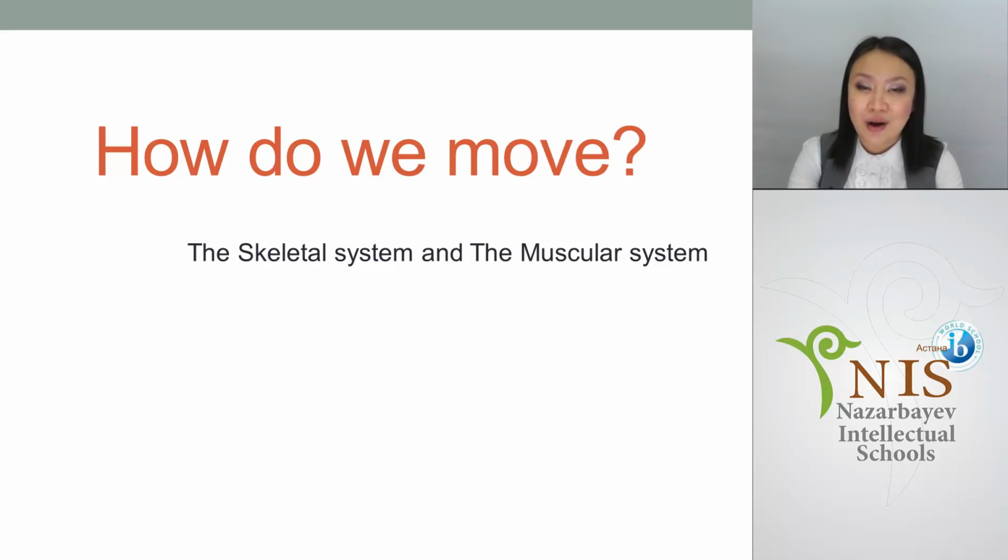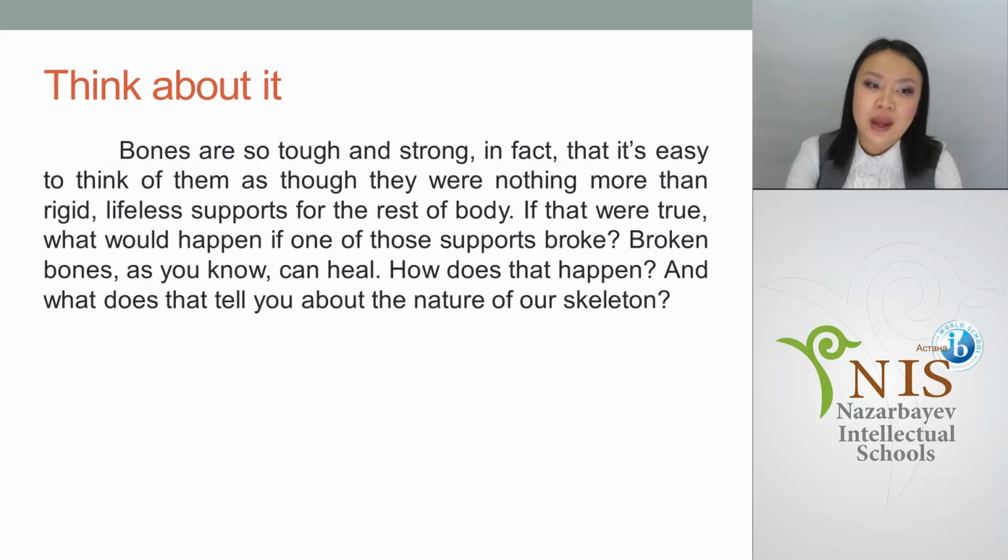As you already guessed, today we will talk about skeletal and muscle systems. Think about this. Bones are so tough and strong, in fact, that it's easy to think of them as nothing more than rigid, lifeless supports for the rest of the body.